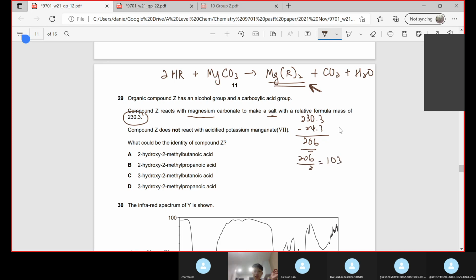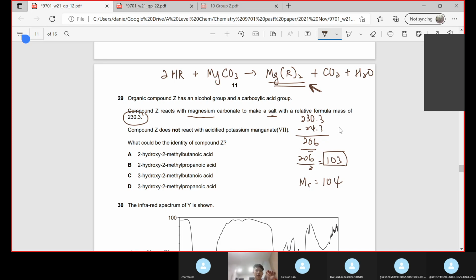So we get 103. 103 is the carboxylate ion with the negative charge, then plus 1 hydrogen. So your compound Z, the relative molecular mass should be 104. This is the complicated part that you need to be able to notice.